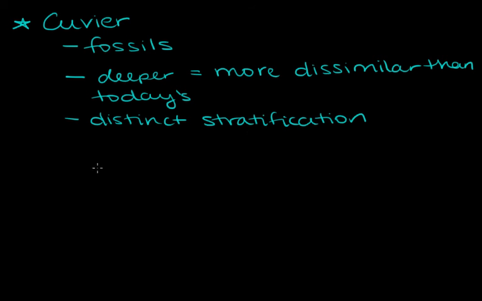And this is in about the 1700s, and he concluded that there were catastrophic events. Cuvier, catastrophe. Catastrophic events that wiped out entire populations, and then the nearby populations of animals that weren't affected by these catastrophic events would come and repopulate.